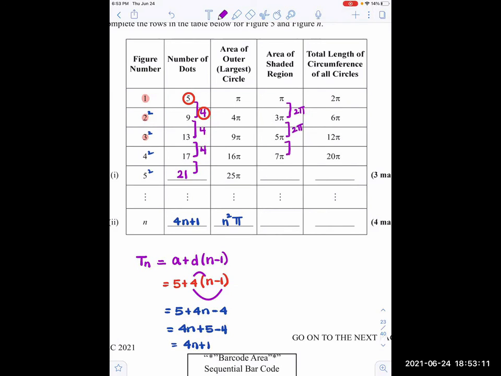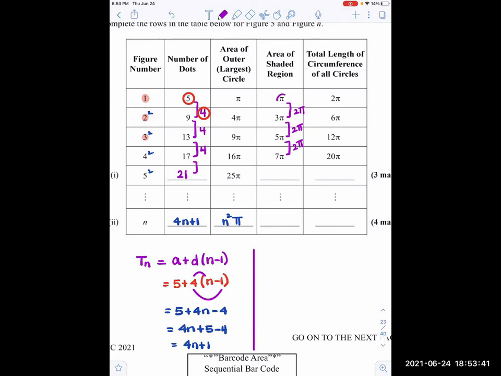What is 7 pi minus 5 pi? 2 pi. Right. So is the common difference the same? Yes. Right. So we can use the same formula here.